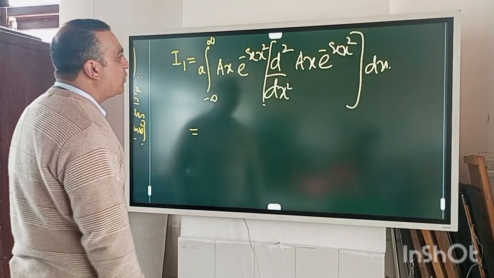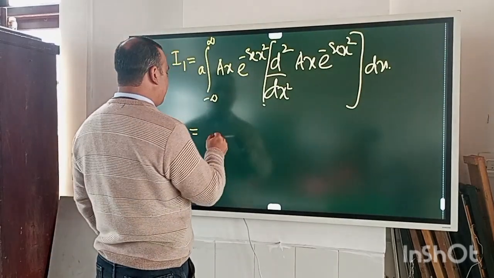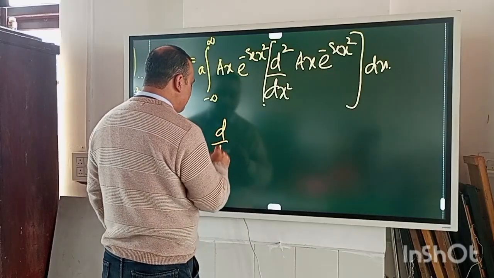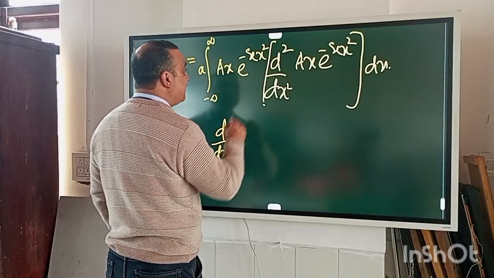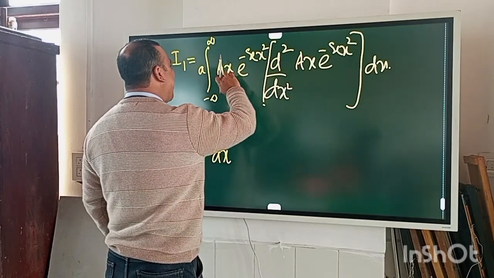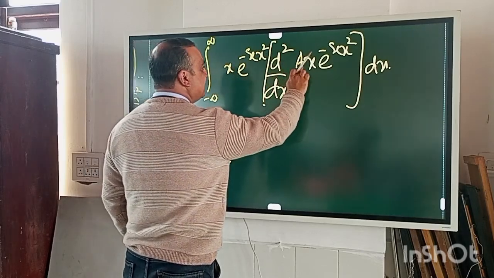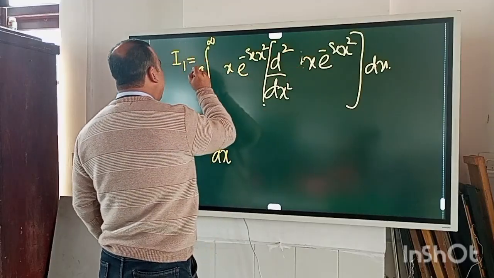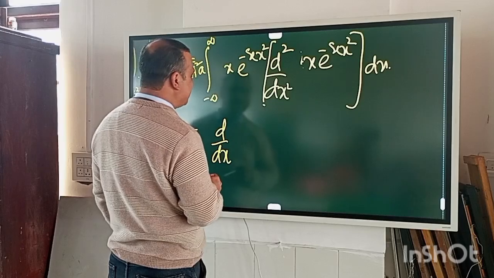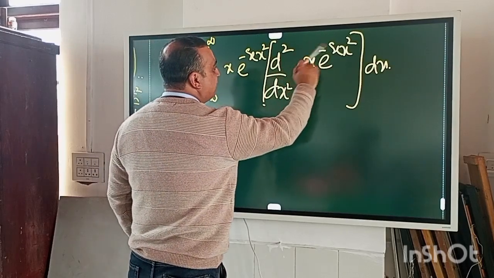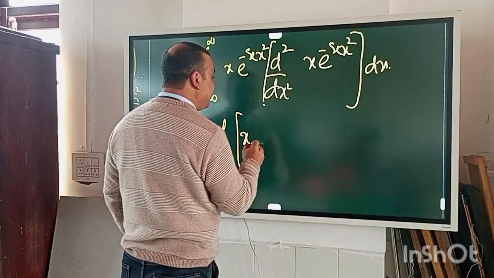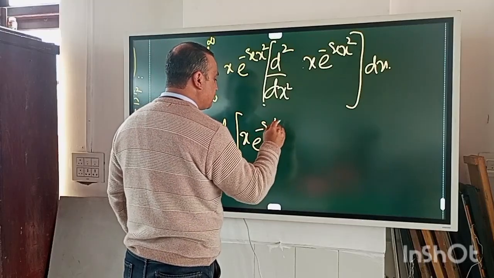So what's my d by dx of this? I will take the first derivative. The capital A squared will be outside the integral. Get it out. Inside, I will take the first derivative of x e to the power of minus zeta x squared.